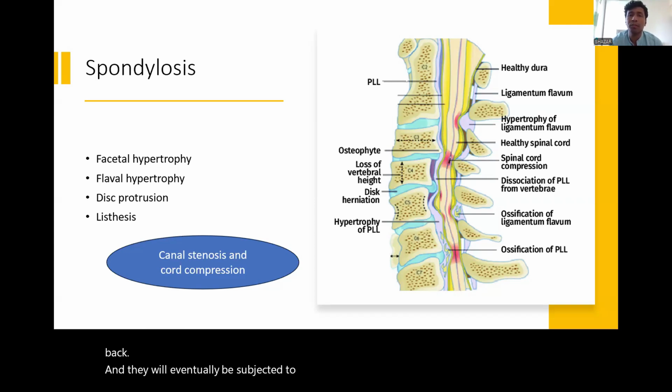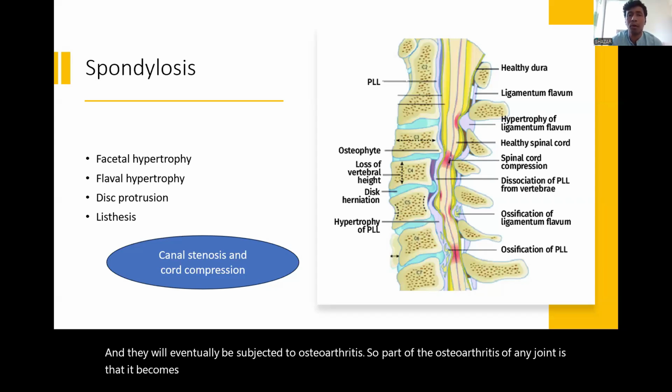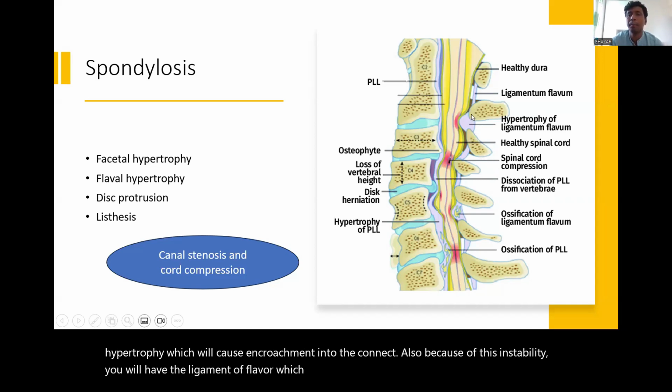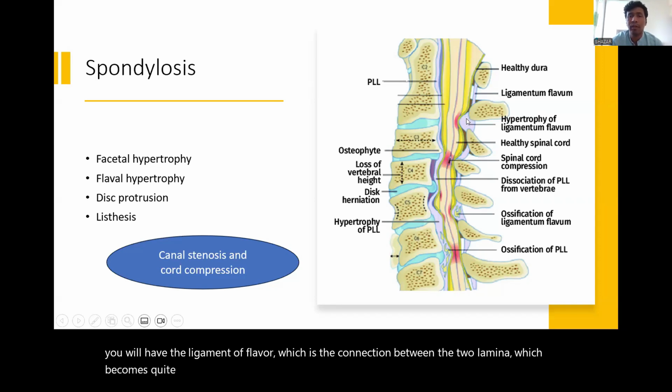So part of the osteoarthritis of any joint is that it becomes hypertrophied. The joints become quite massive. So there will be facet joint hypertrophy, which will cause encroachment into the canal. Also, because of this instability, you will have the ligamentum flavum, which is the connection between the two laminae, become quite hypertrophied. That will also bulge into the canal.